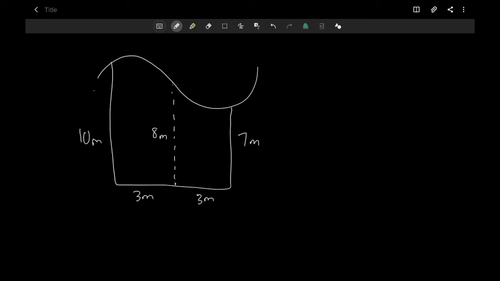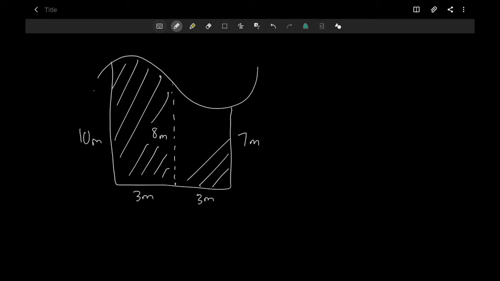And the examiner says, well, I want you to find the area using two applications of the trapezoidal rule. Now what that means is that you need to use the trapezoidal rule to initially find the area of this part, and then the area of this part.